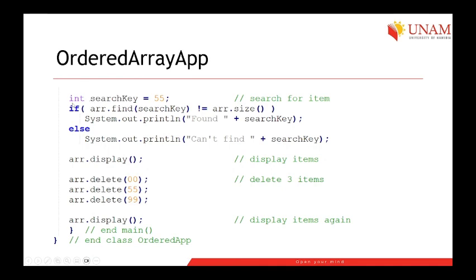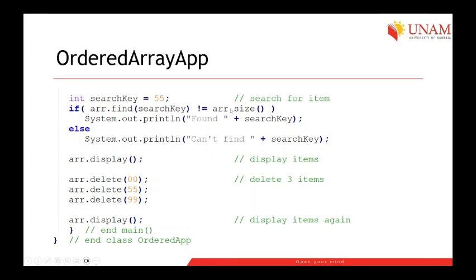Then we can search for an item, for example with key 55, by calling method find of the array. So we say if array.find of the search key is not equal to array.size, because remember, the find method is going to return the index, but if the index is the same as the size of the array, then we know that we did not find what we were looking for.